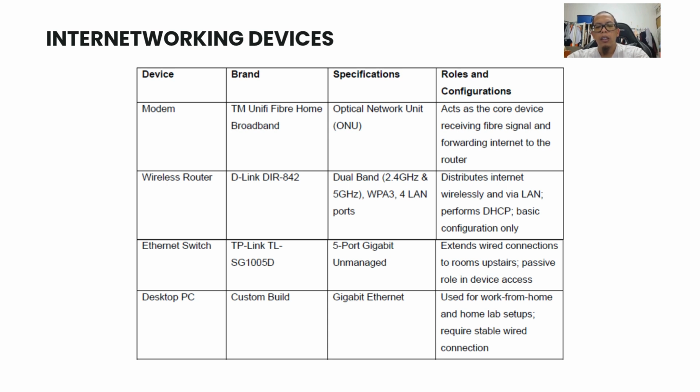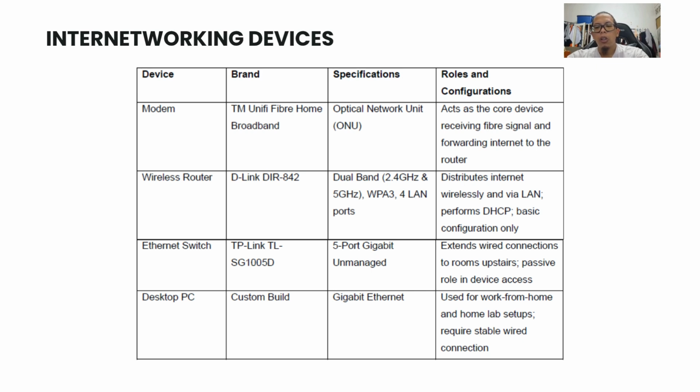Then the desktop PC is custom built, so there is separate purchasing for RAM, CPU, motherboard and others. The specification is gigabit Ethernet, because the purpose of this device is for the network connection.